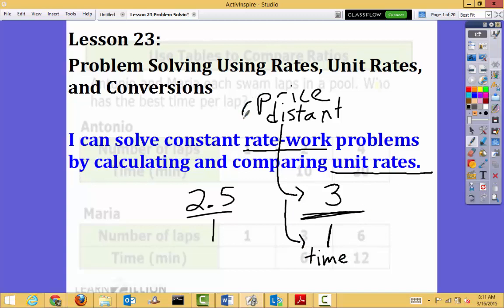Price, what does that mean? Well, price, or quantity, or the amount of something we're buying, that was always my number on the bottom, my denominator. How much it cost was always my numerator. So numerator was the cost, the denominator was the number. In distance, this was always my speed, and on the bottom was always time.